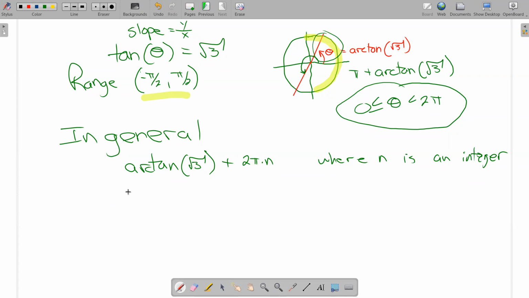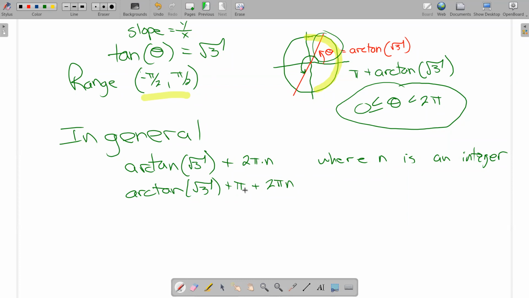So my other version was the arctan of square root of 3 plus pi, and then I add on multiples of 2 pi. And again, n is an integer. And because this one has an n and that one doesn't, this really doesn't clean up very well. And so those are the first two general solutions extended infinitely many times.